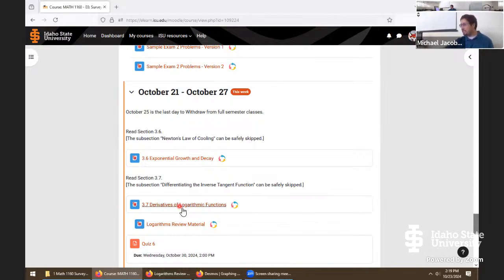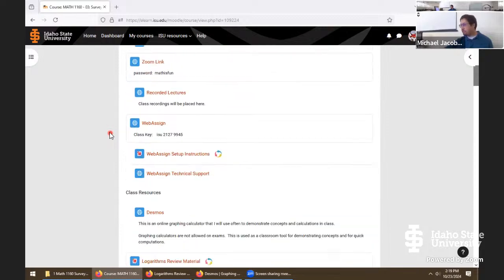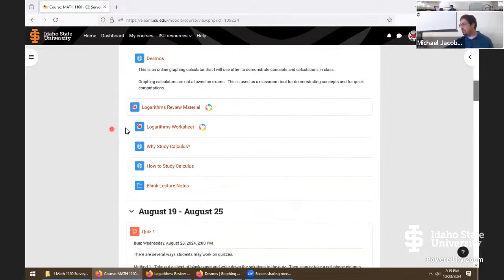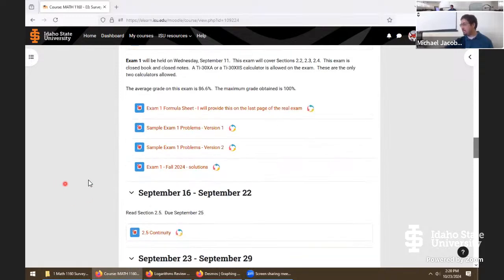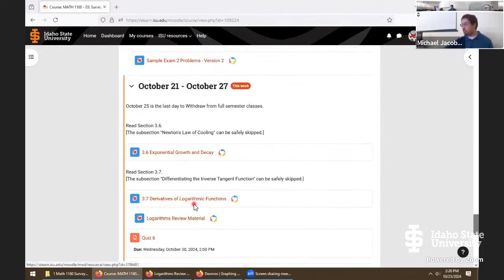And so to really get great at this section, it's important to really know what's going on with logarithms. If you feel like you're pretty rusty on it, go to the very top of the Moodle website and look at this logarithms worksheet. This is a great crash course for everything you need to know for logarithms in our class. Well, any other questions, folks, about the review materials before we jump in to 3.7?